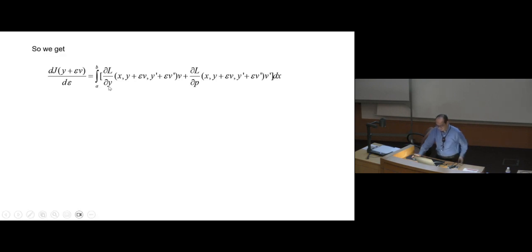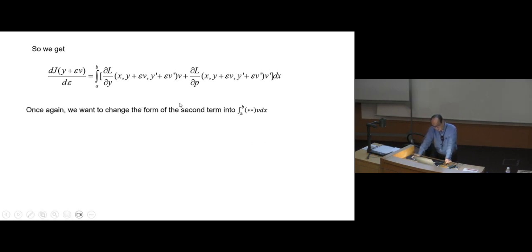So we get the derivative of this integral, which is the derivative of the integrand, in which we use the chain rule, and we have this expression. But here, the first term is related to v. The second term is related to v dot.